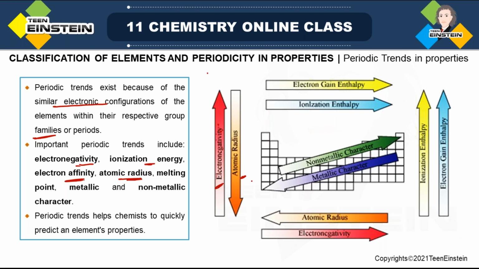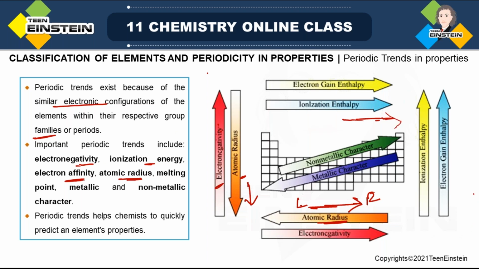From the arrow you can understand when you are moving down, size increases, and when you are considering left-hand side to right-hand side movement, that is, period, then atomic radius increases towards the left-hand side. That means when you are moving from left to right, it is decreasing. But again I am saying, remember one fact, it is a more or less general trend, but there is always an exception. Okay. Similarly, ionization enthalpy is increasing as we are moving from left to right.